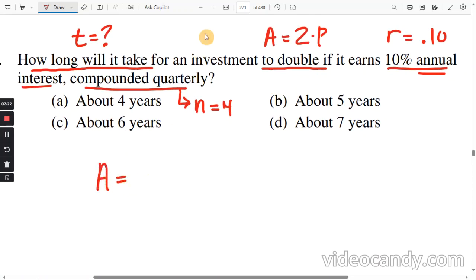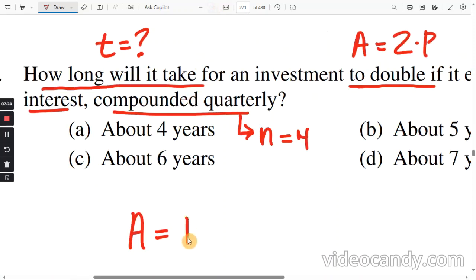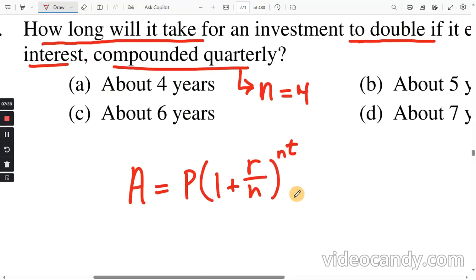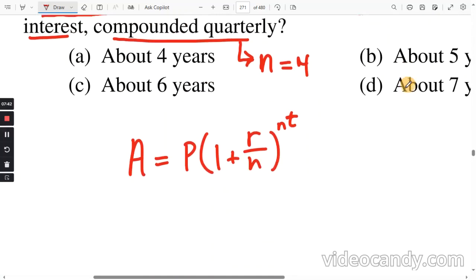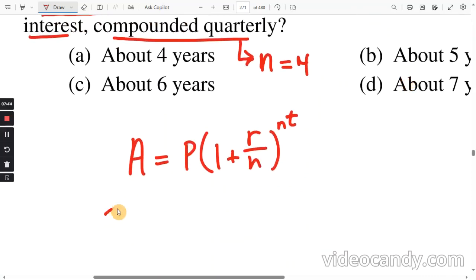So we're trying to make the investment double. We'll use our accumulation formula. The accumulation is the principal times 1 plus the interest rate divided by the number of periods compounded, to the power of nt. We are trying to solve for t. So A is going to be 2P because we want it to double. P is what we invest.